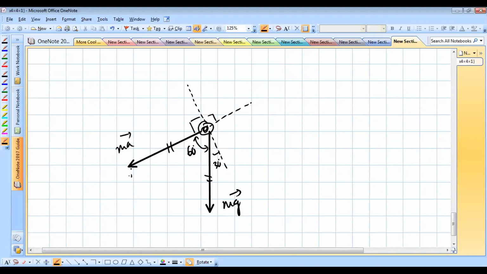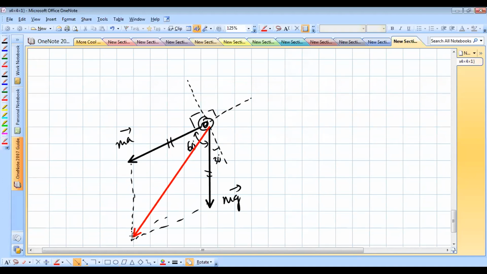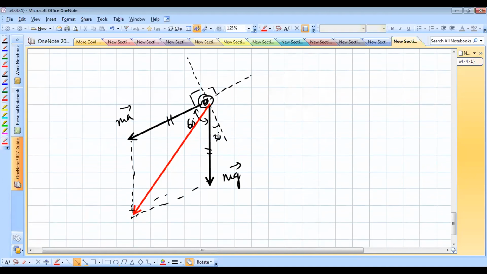So when I calculate these two vectors' sum, I can just go with parallelogram law. The parallelogram will actually become a rhombus. So in this diagram, my vector sum of ma and mg will look like it's bisecting this angle. It's acting along this direction. So this thing is actually my ma plus mg.